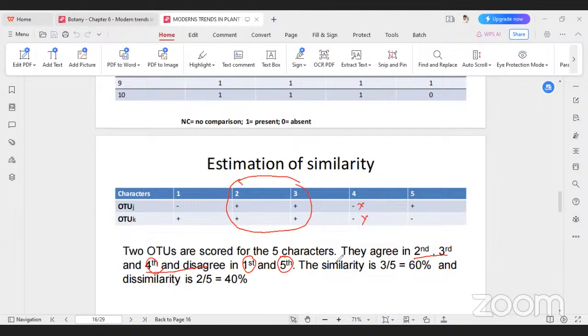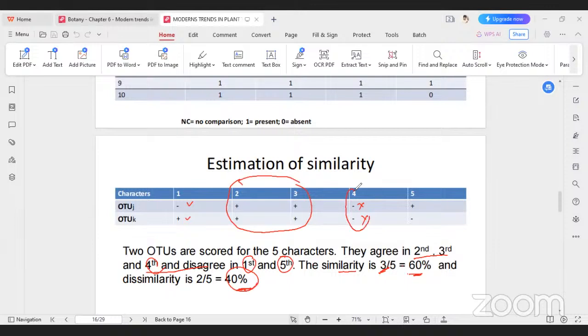If you take first and fifth, here one is present, one absent. So of the total 5 characters, the similar characters are 3. So similarity is 60% and dissimilarity characters are 40%.